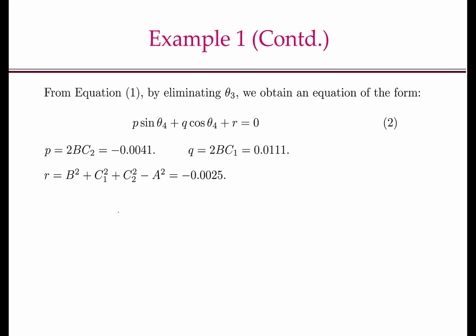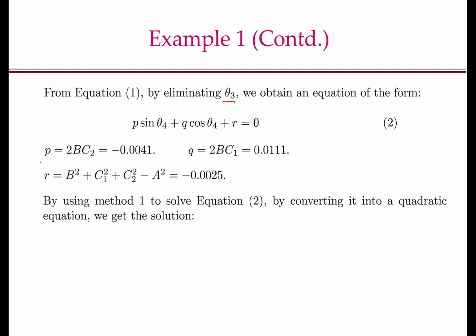Then we have seen that we can eliminate one of the variables, for example theta 3, and we obtain an equation of the form P sine theta 4 plus Q cos theta 4 plus R equal to 0, where P, Q and R are defined in terms of A, B, C1 and C2. Substituting A, B, C1 and C2 from the previous slide and going through the calculation, the values you obtain are shown on the slide.